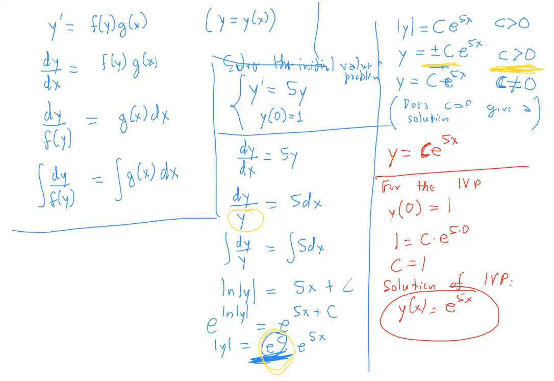So why don't we do one more example? This time I'm going to give you just a general equation, so not an initial value problem. So solve x y prime is equal to ln of x. Why don't we solve this? Let me give you a couple of minutes to work on this.